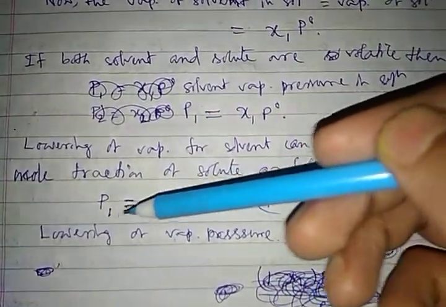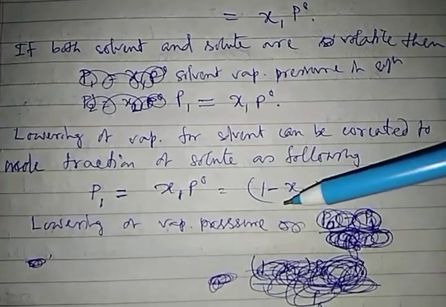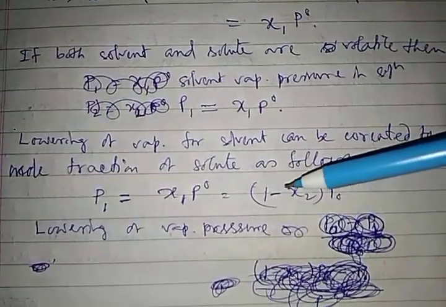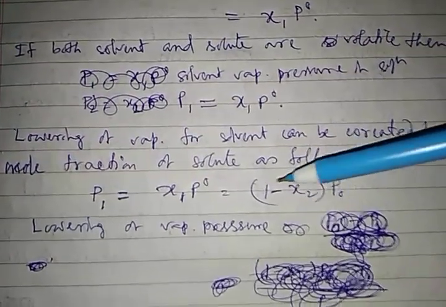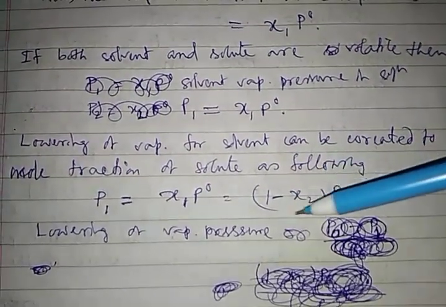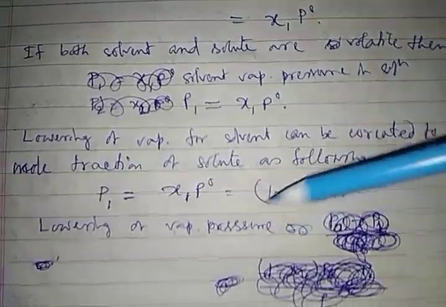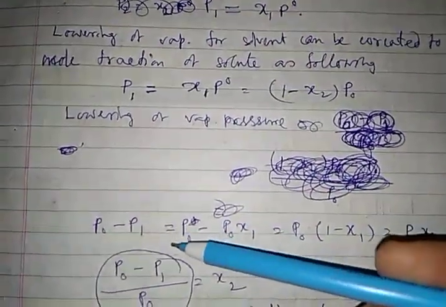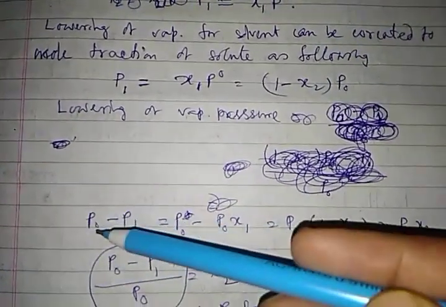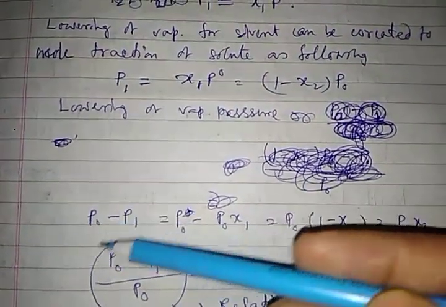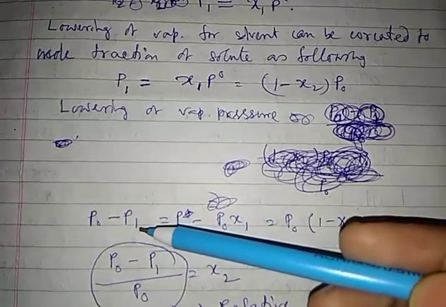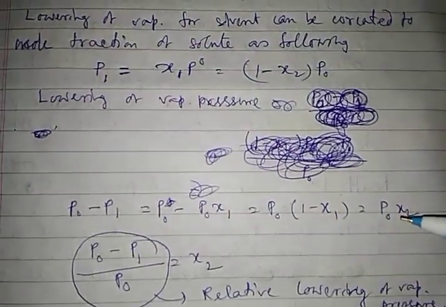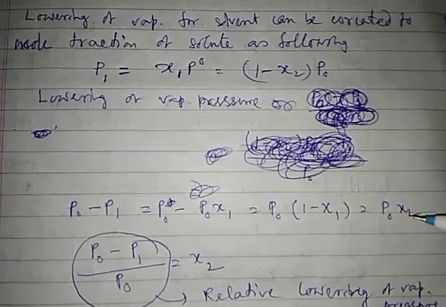If P1 equals X1 P0, then I can write X1 as 1 minus X2, where X2 is the mole fraction, or amount fraction, of the solute. Now the amount by which the vapor pressure is decreasing, initial vapor pressure P0 minus final vapor pressure P1, is a positive quantity, and this gives P0 X2.